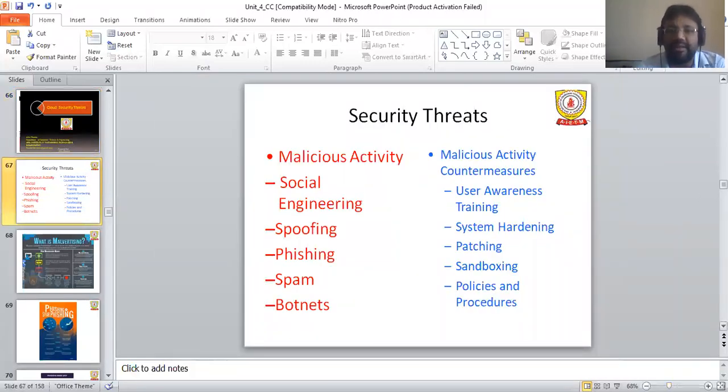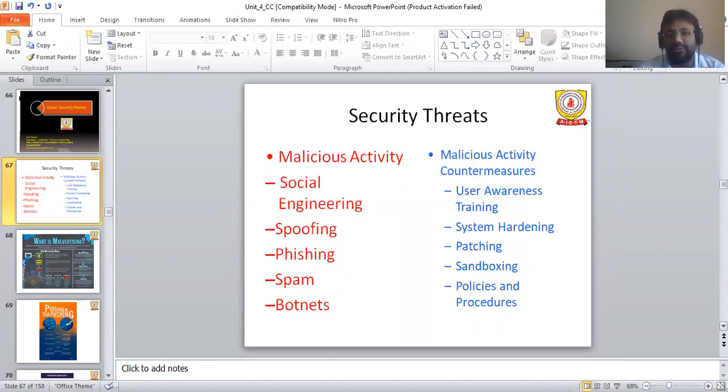This is the category that, in general, covers malicious activity, social engineering, spoofing, phishing, spam, botnets, and malicious activities, with countermeasures like user awareness training, system hardening, patching, sandboxing, and policies and procedures to overcome such different threats.